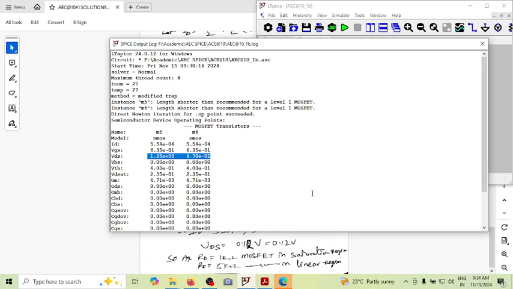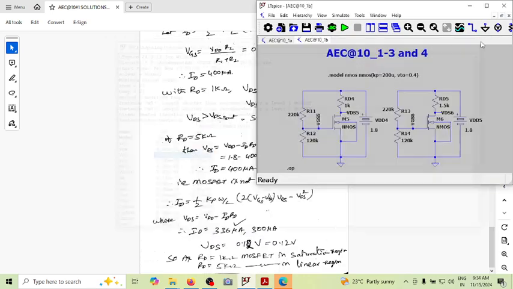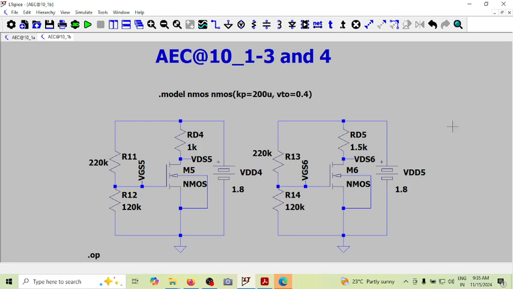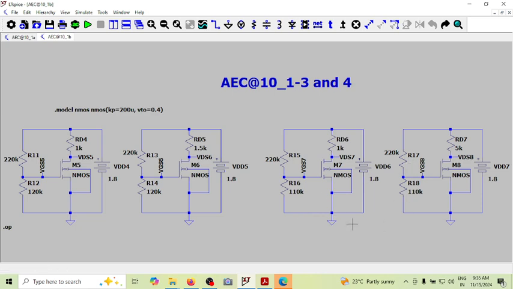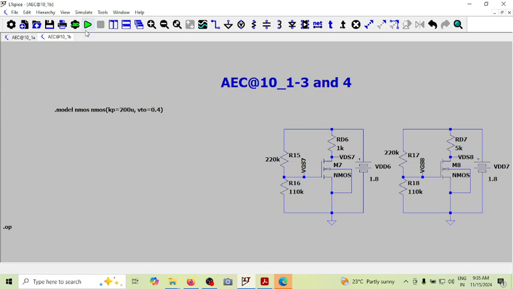So let me go to this and see. Let me just do undo. Now, this is my circuit. This is my second circuit. Maybe I can delete this so that we can see only the fourth one. I'm just retaining that.